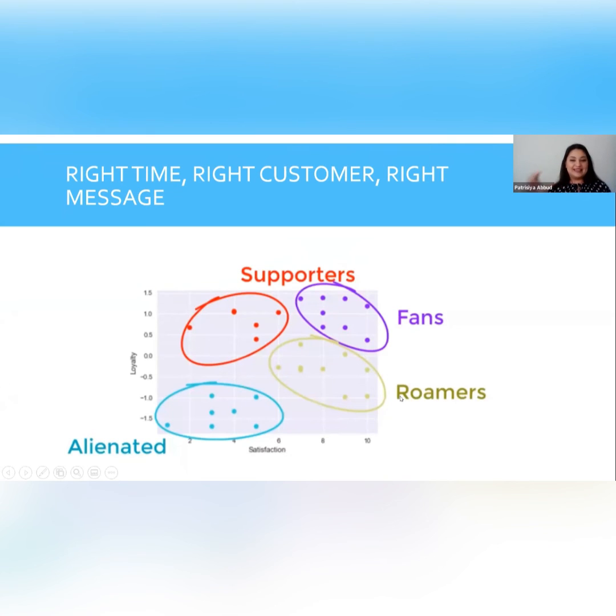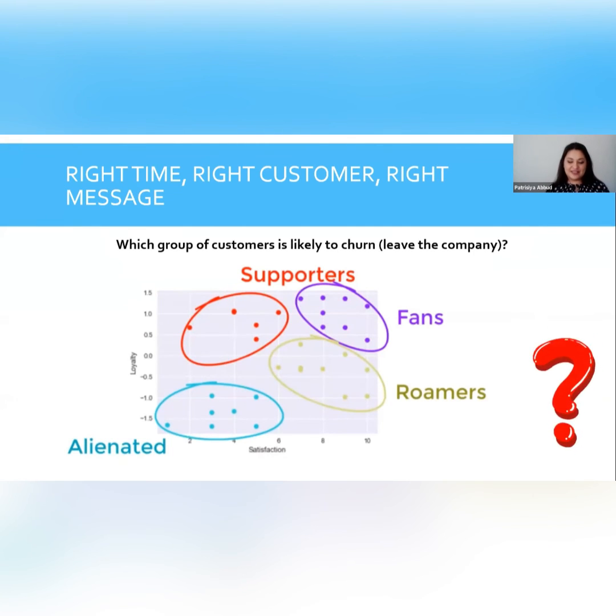So looking at this result, I have a question to you, dear future scientists and dear future business leaders. Which group of customers do you think is likely to churn? Which group of customers is likely to leave the company and go drink coffee with our competitors?